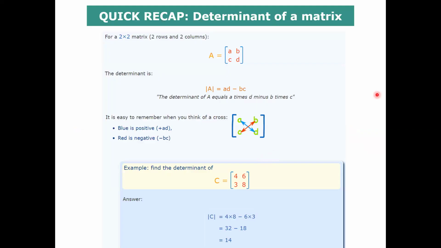I just want to recap based on the concept of matrix and the concept of determinant. For a 2 by 2 matrix A given by A, B, C, D, the determinant of matrix A is AD minus B times C. For example, if we have a matrix C over here, the determinant of C is 4 times 8 minus 6 times 3.